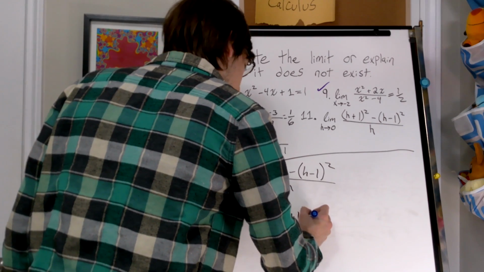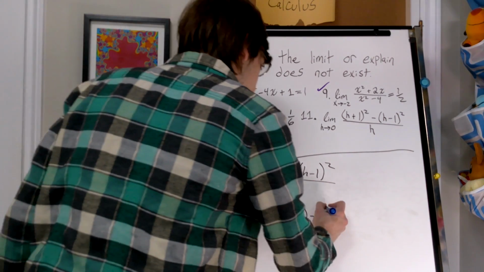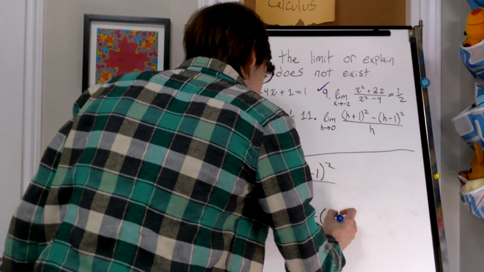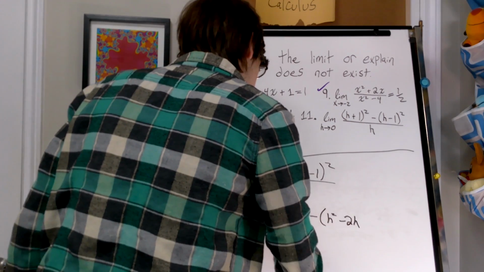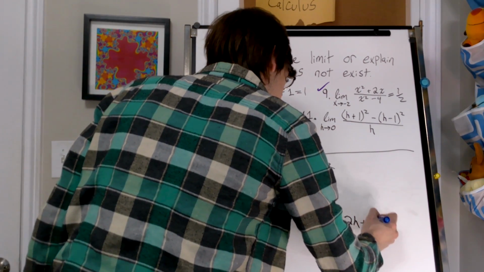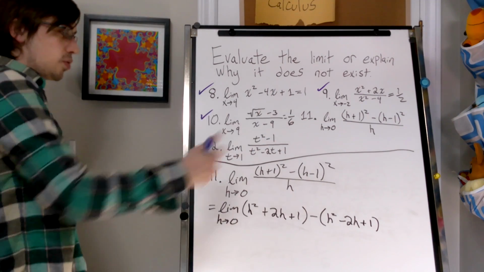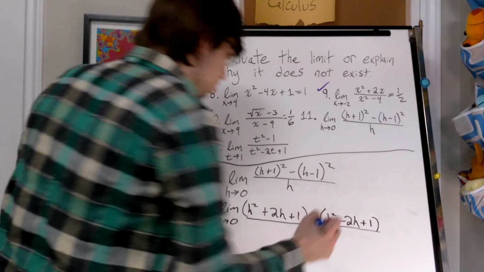That's our first term. Minus, do it again, but it should be in negatives. h squared, negative 2h, and a positive 1, because negative 1 times negative 1 is a positive. All over h.